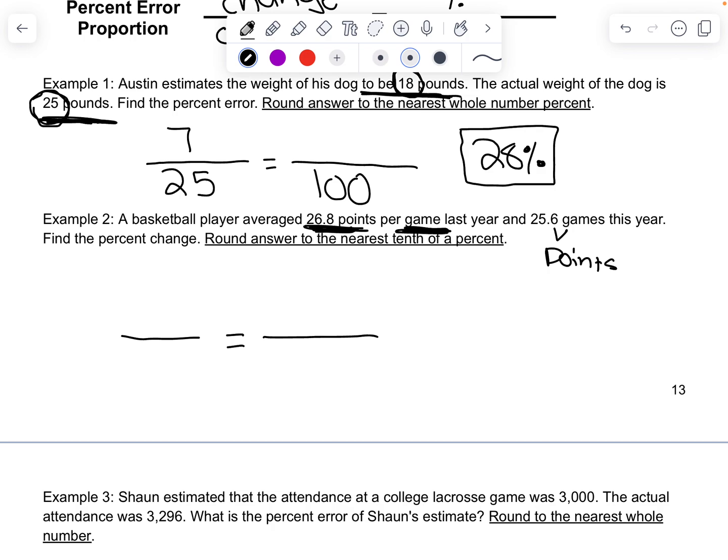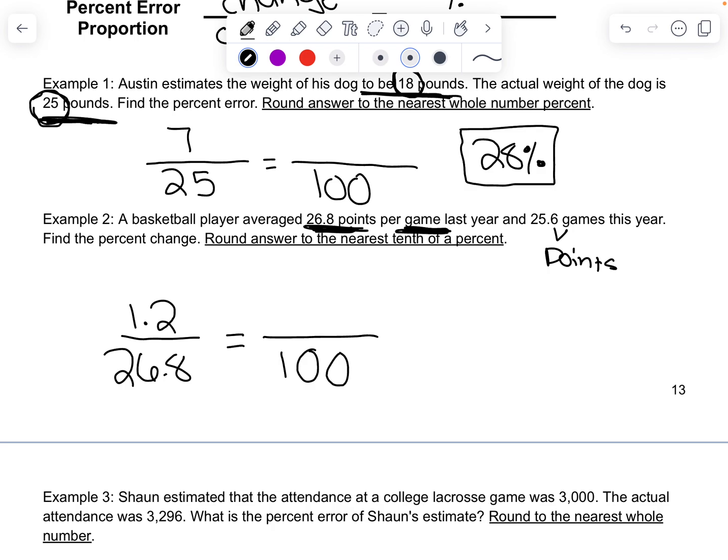So the difference between 26.8 and 25.6, you are just subtracting the two. 26.8 minus 25.6 is going to give you 1.2, so that's going on top. And then the bottom is the before amount. So last year, 26.8, with 100 over here. Do 1.2 times 100 divided by 26.8.